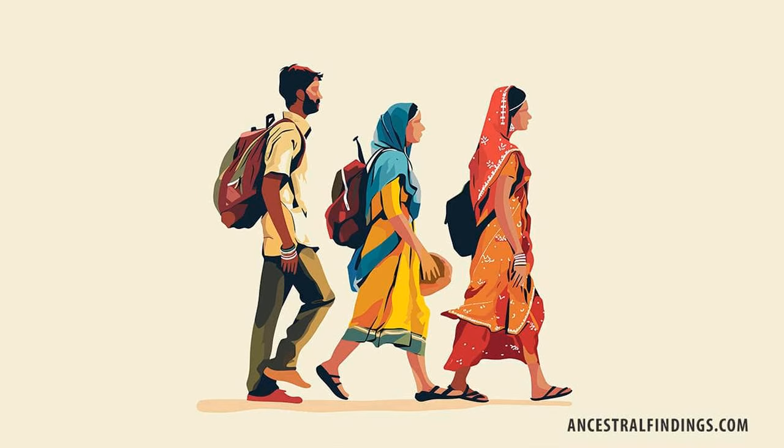The main destinations were the Caribbean, Trinidad, Guyana, Suriname, Fiji, and parts of Africa, Kenya, South Africa. The contracts were typically for 5 years, but the harsh conditions, low wages, and cultural isolation made it nearly impossible for many to return home. By the end of this period, more than 2 million Indians had been sent abroad.